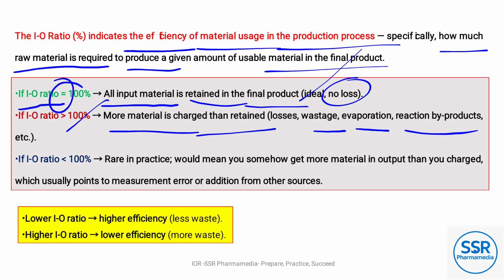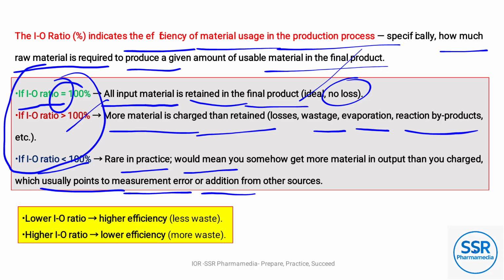If input output ratio is less than 100, it is rare in practice and could mean you somehow get more material in output than you charged, which points to measurement error or addition from other sources. So you have to read it carefully.